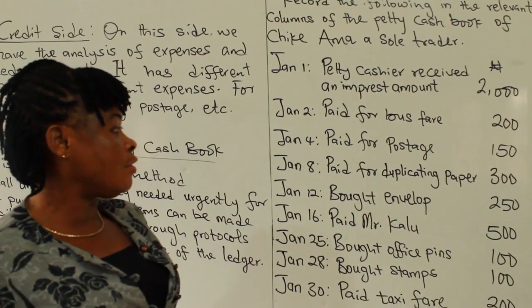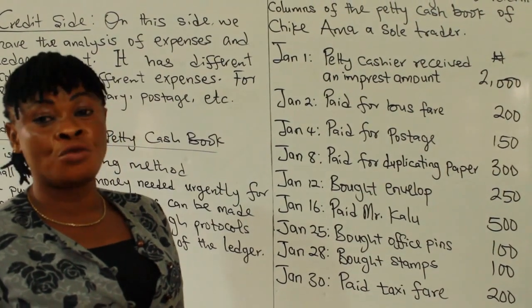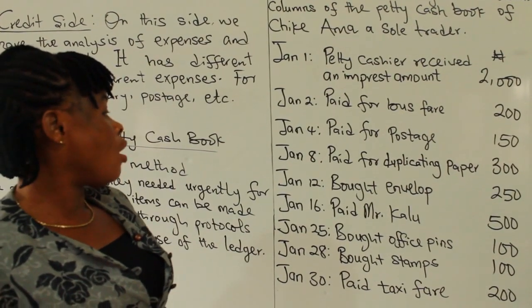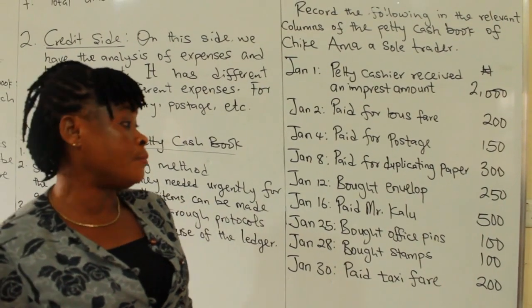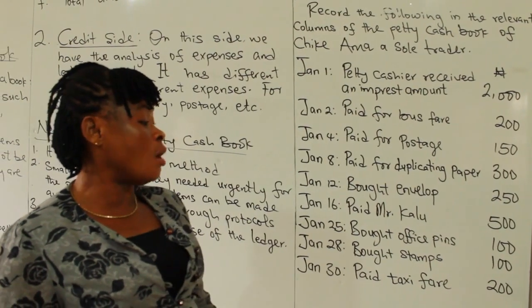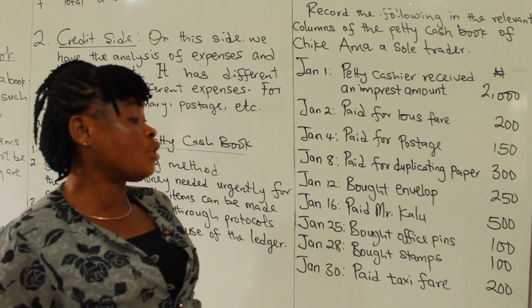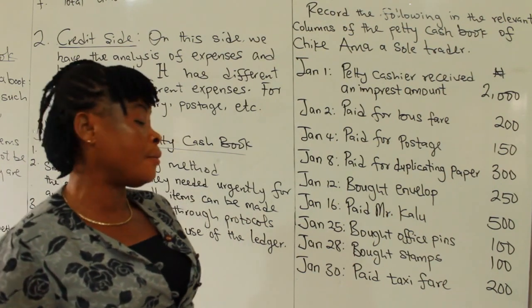On January 4th, paid for postage 150 naira. On January 8th, paid for duplicating paper 300 naira. On January 12th, bought envelope 250 naira.